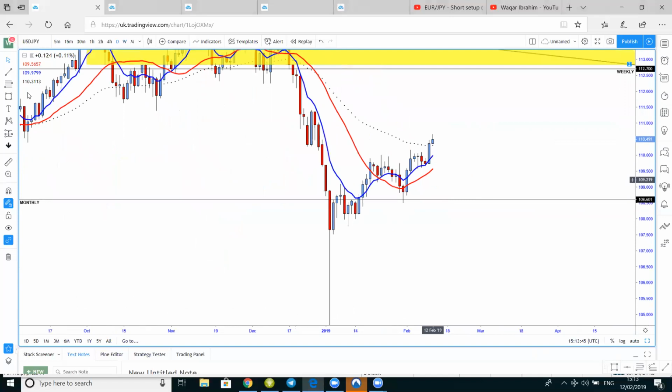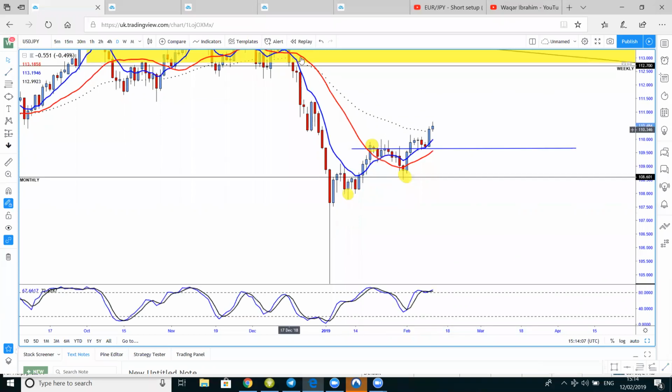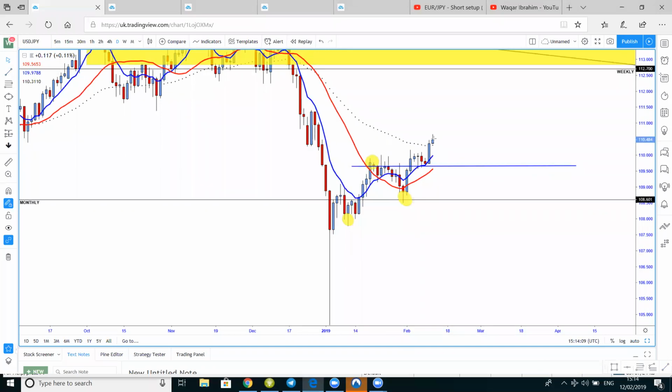Nicely, as you can see, price is forming a higher high formation, a higher low, another higher formation, guys. So right now there is no selling opportunity. You can look for a buying opportunity on a pullback.